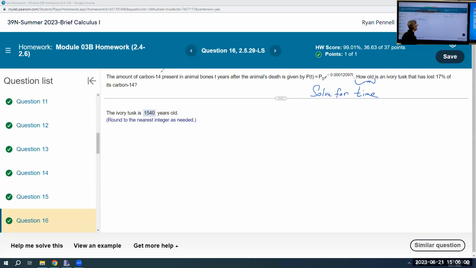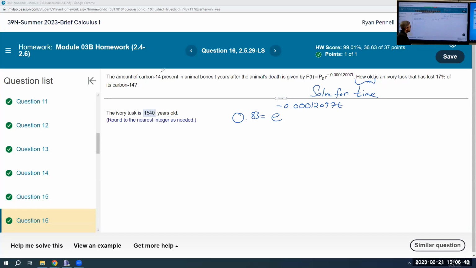Solve for time. Okay. So it's lost 17%. Well, I don't think I want to set this equal to 17%. It's lost 17%, that sounds like I want to set it equal to 83%. Would you agree with that? It says it's lost 17%. How old is it? So it sounds like it's 83% of what it was.